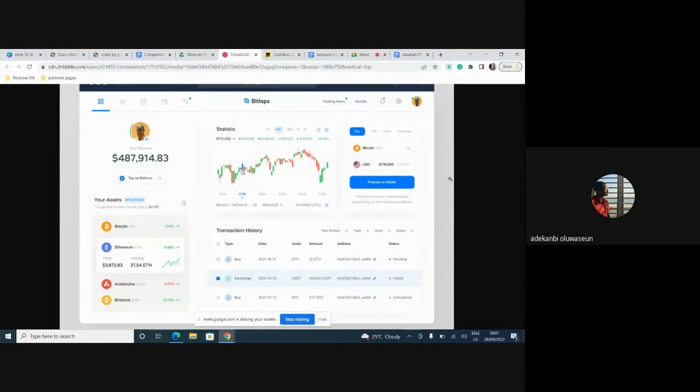If you're looking at this screen, you will see that there are so many functions. The first function is transaction history, which is the analytics. You can call it an analytics feature. It means that as a user, I want to be able to see my past transactions so that I can know what to do next or get insights. So transaction history is a feature in its own right.